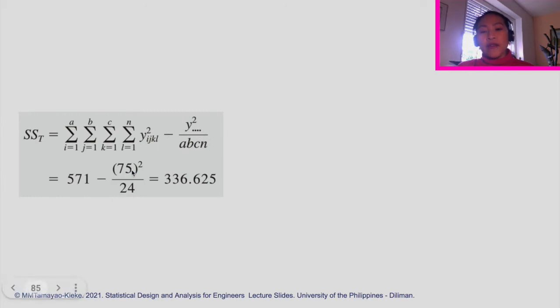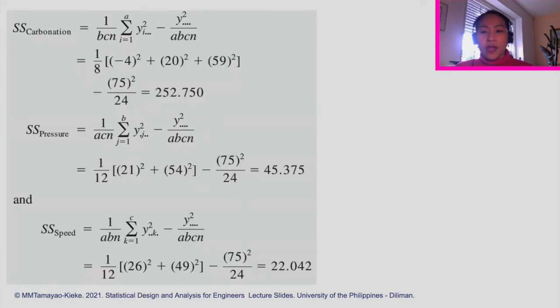The grand total is 75, so 75 squared divided by 3 for A times 2 for B times 2 for C, so 3 times 2 is 6, times 2 is 12, times 2 replicates, you have 24. Therefore, this is equal to 336.625.